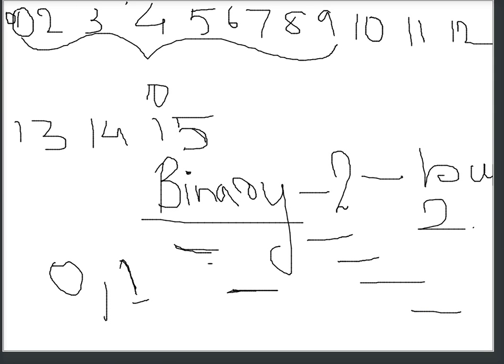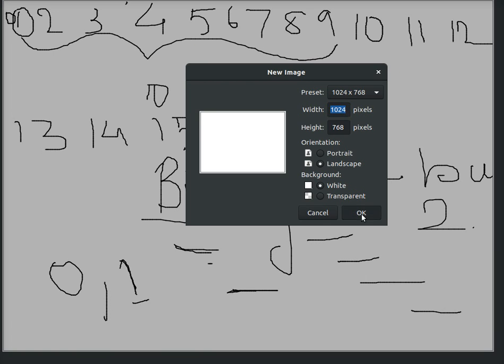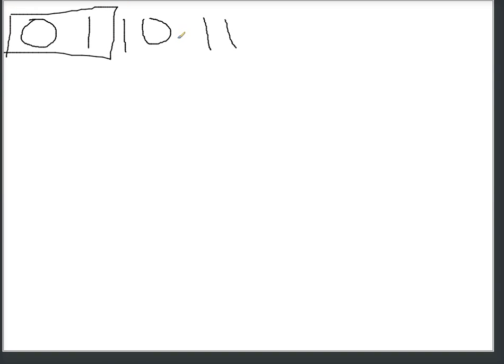So let's take another example. Just like in decimal, I'm writing the binary numbers. So it's like 0, then 1, then we ran out of symbols, so I'm using 1, 0, then 1, 1. So let me put that in a box.